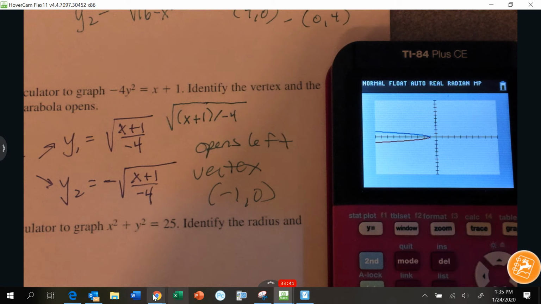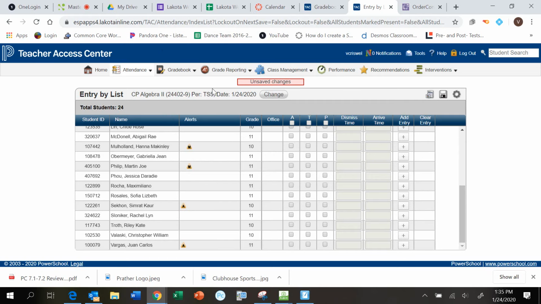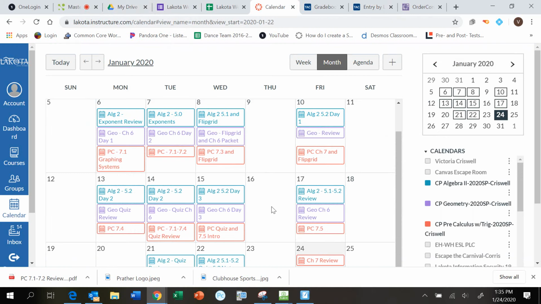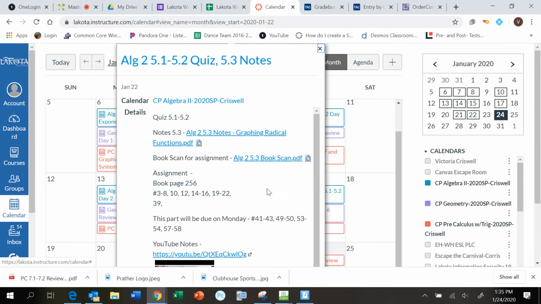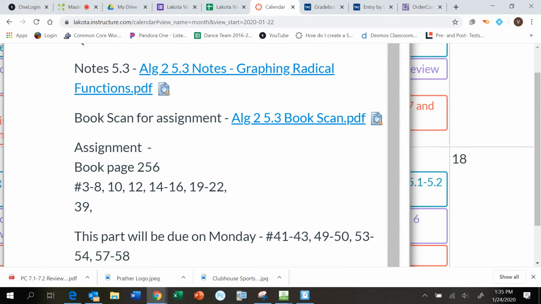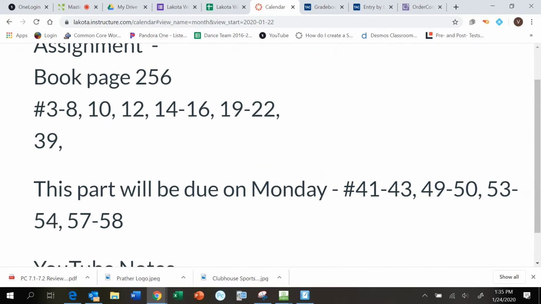Okay? All right, the assignment just gets added on to the one that you guys were already working on. I have it on Canvas, which I'm pulling up right now, but it's on Wednesday's Canvas. What was the vertex? Negative 1, 0. Whatever I had on there before, I ended it at 39.